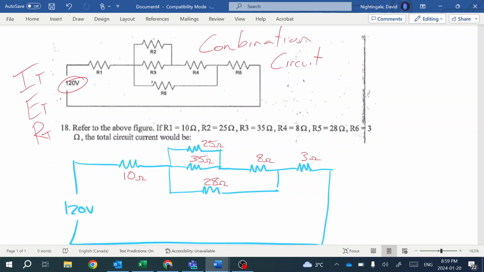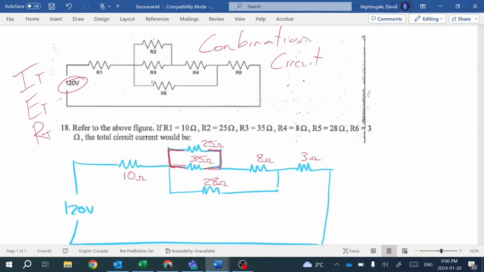Two resistors that are directly in parallel. And these resistors here, R3 and R2, are directly in parallel because they are touching each other on either side. So because both sides of the resistor touch each other, that means they're directly in parallel with one another.